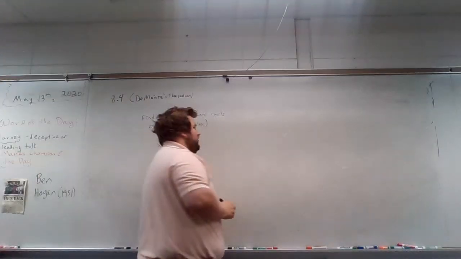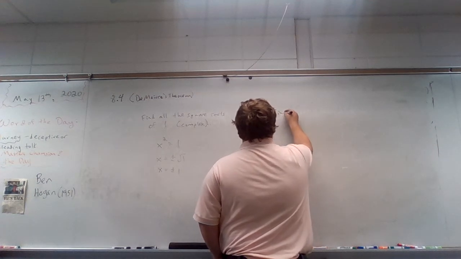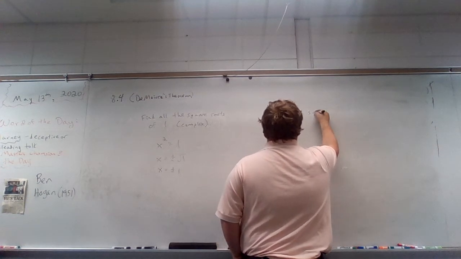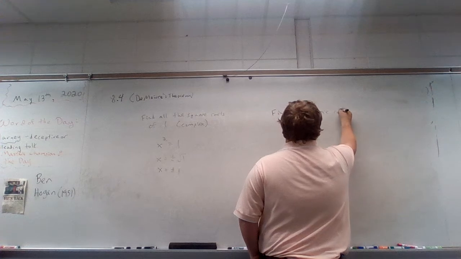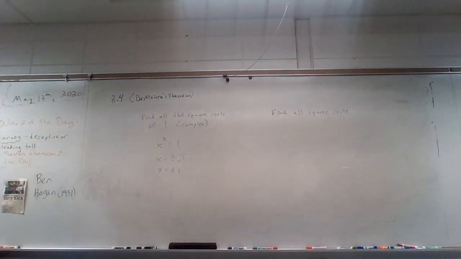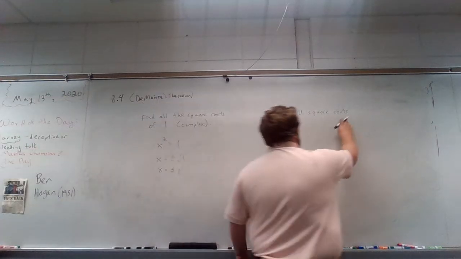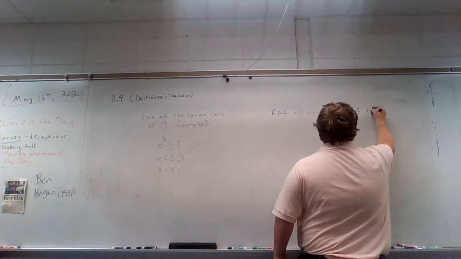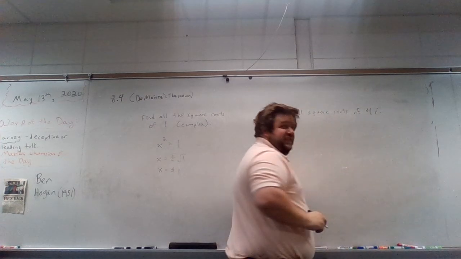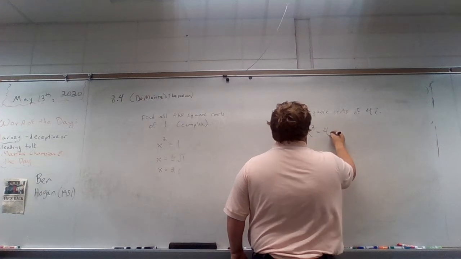But have you ever thought about any other number? Like say I try to do that, and I say, what are the square roots of, let's say, 4i? I would be thinking about the same thing. So I have x squared is equal to 4i.